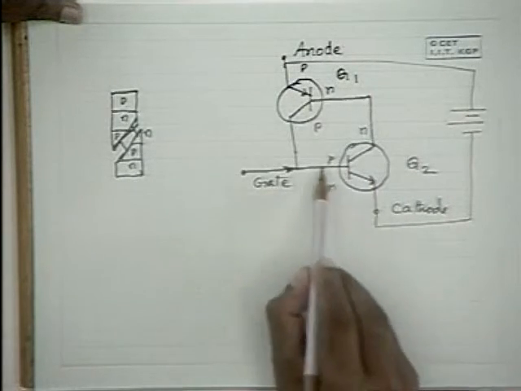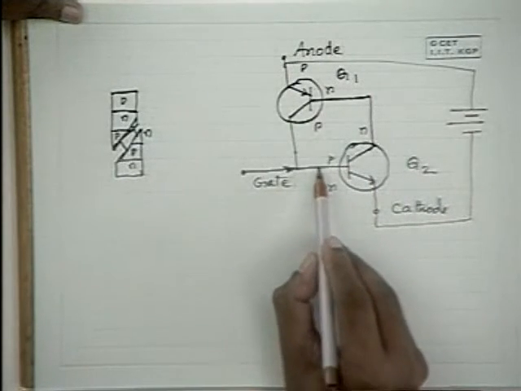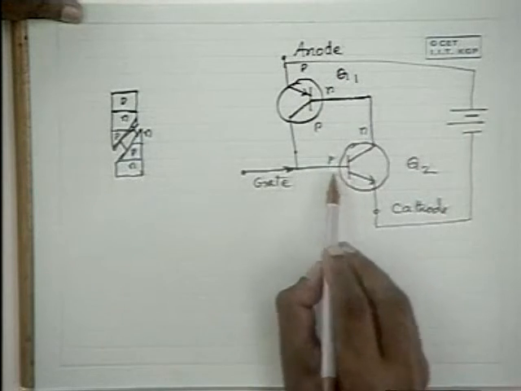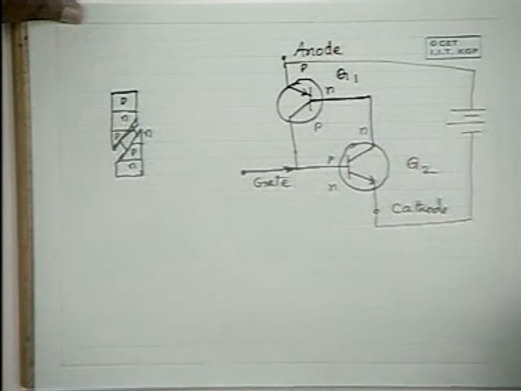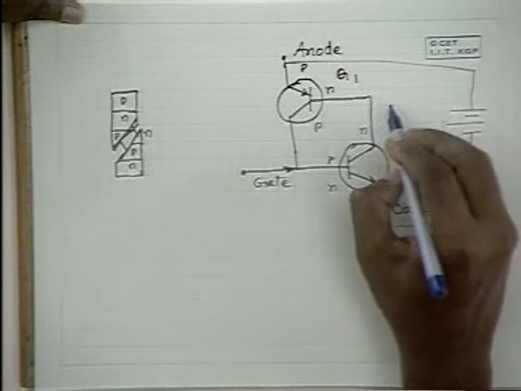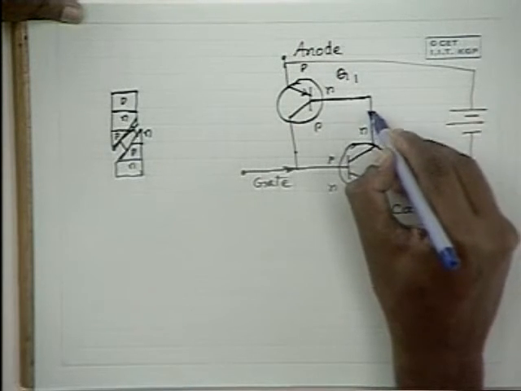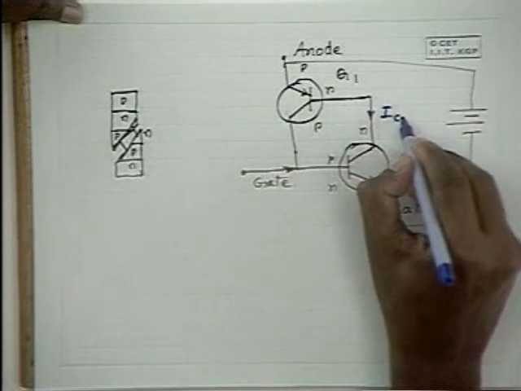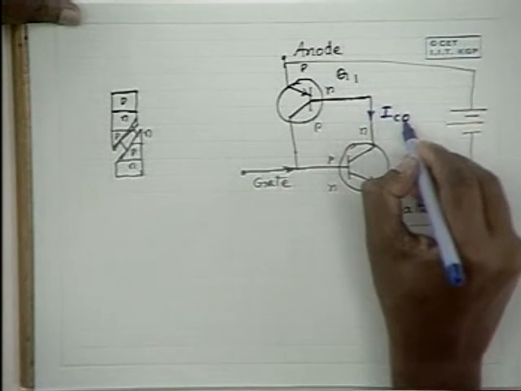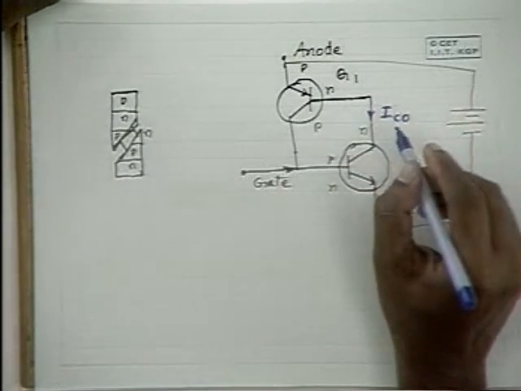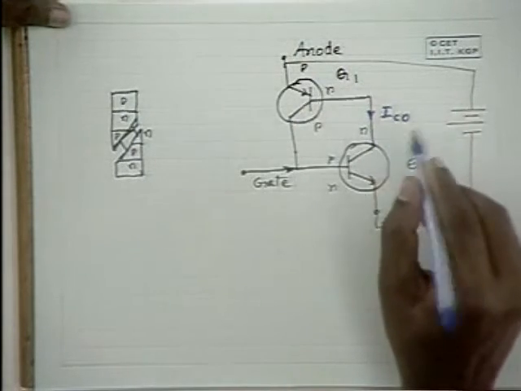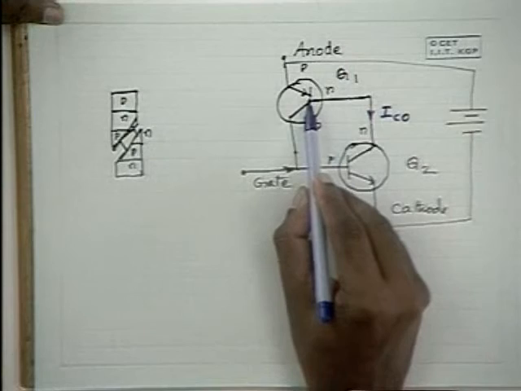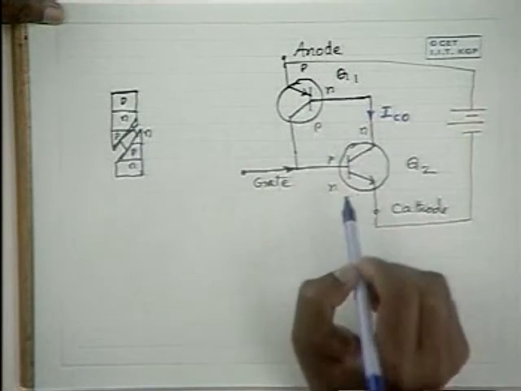Since this is not forward biased, no base current flows, and as a result no collector current flows, except for the reverse saturation current IC0 that flows in this direction. In this particular case, the collector current IC2 is equal to the reverse saturation current IC0, which flows from the base of this transistor.